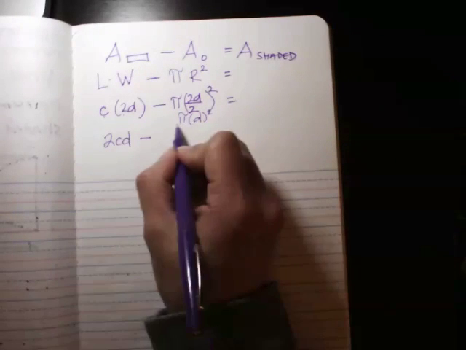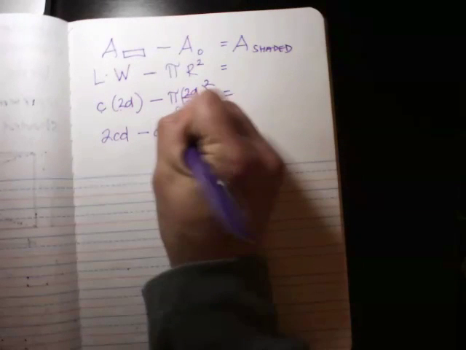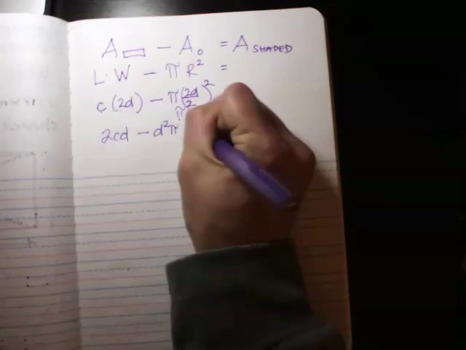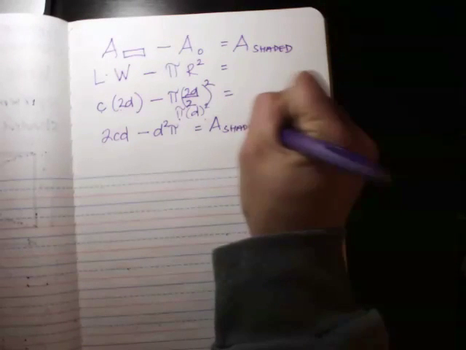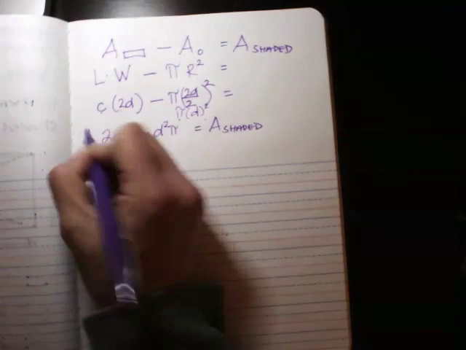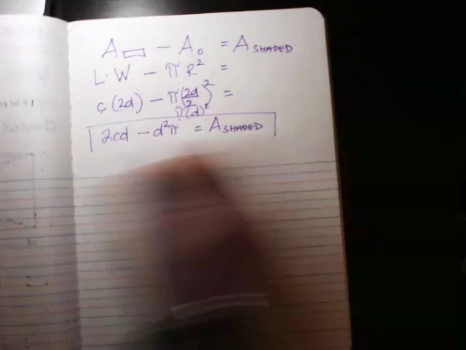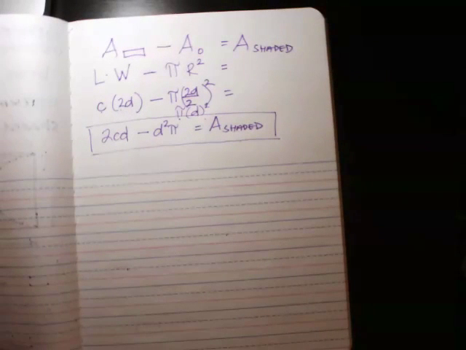And so I'm going to use the commutative property, and I'm going to put d squared first, and then pi will be equal to the area of the shaded region. Okay, so here you go. This would be representing the area of the shaded region as a polynomial.